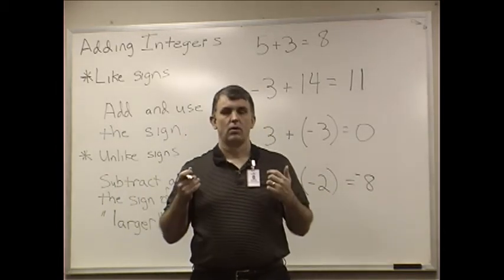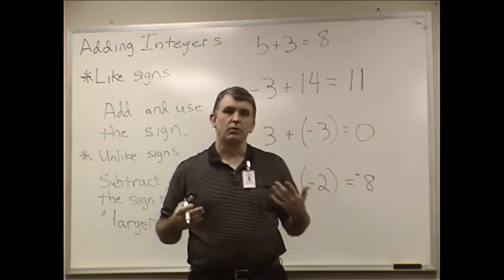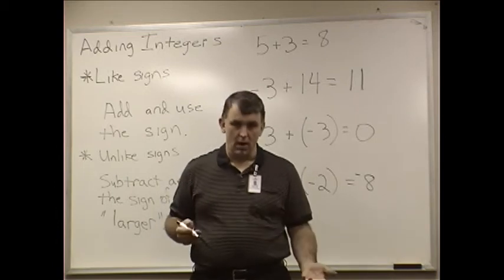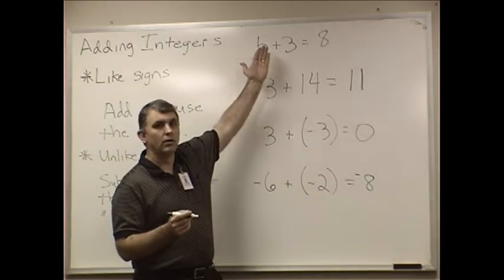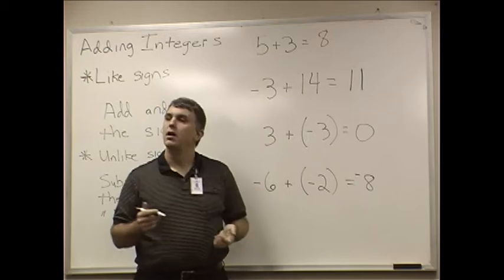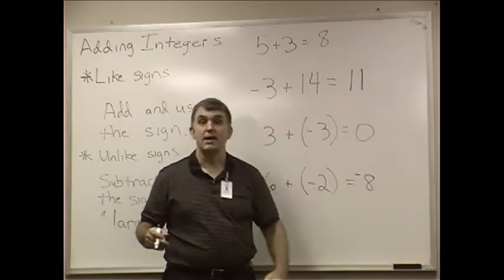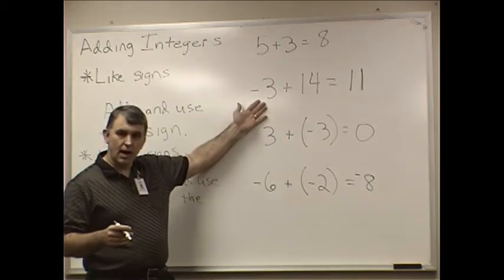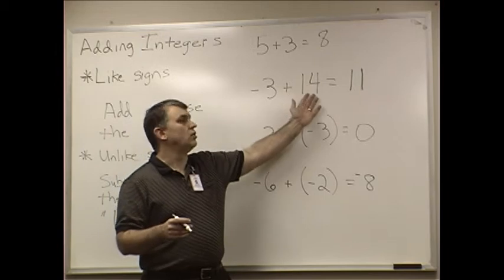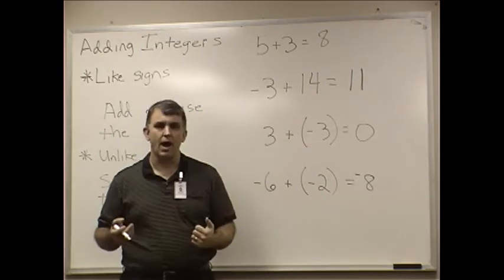Alright. Why? How does this work? The simplest way to explain it is to think about it as money. If you had $5 and you had $3, you made $5 at one job, $3 at another job, you'd have $8 in your pocket. If you owed me $3 and then you came across $14 and I said, hey, where's my $3?